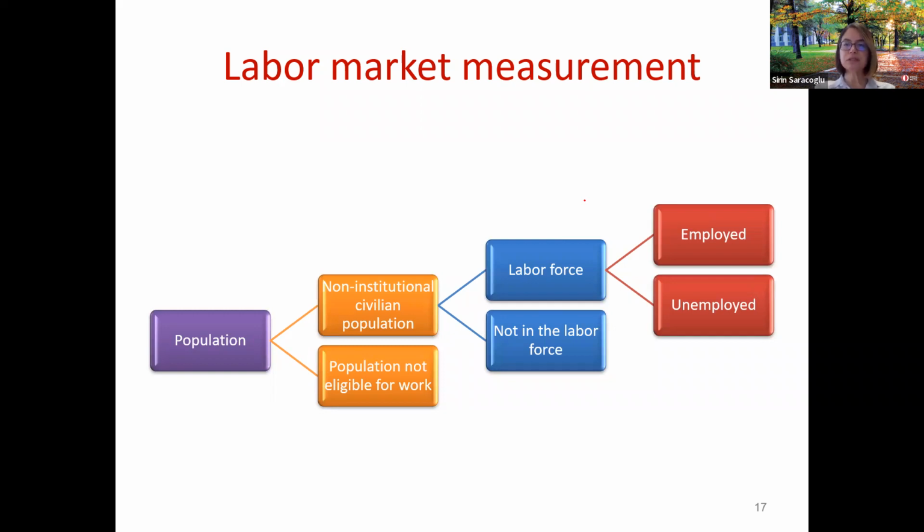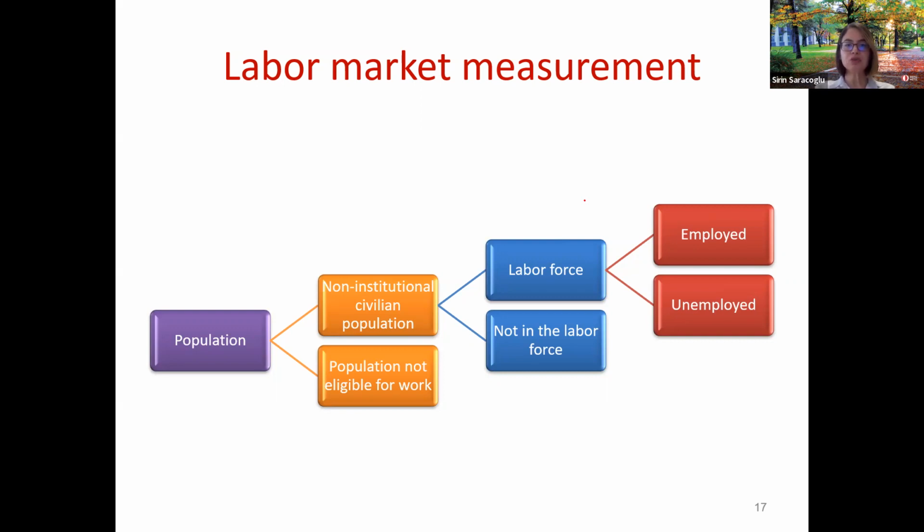Second of all, this is the population which is not in mental hospitals, not in mandatory military service, and which is not in the population which is not eligible for work, such as the disabled population.